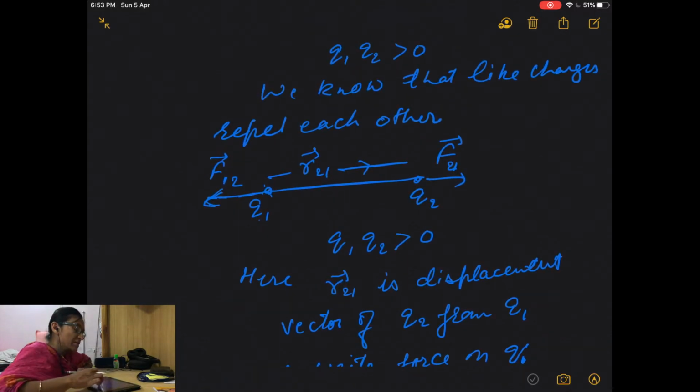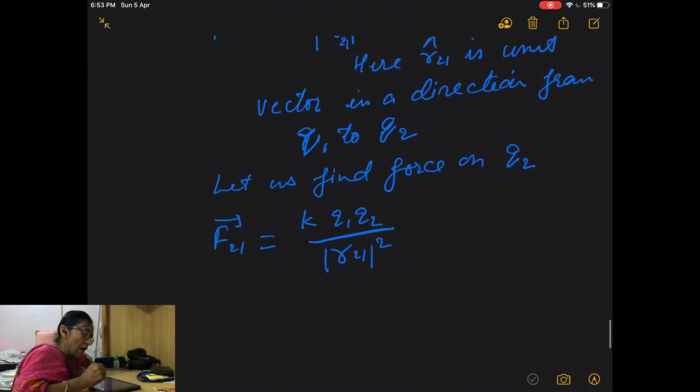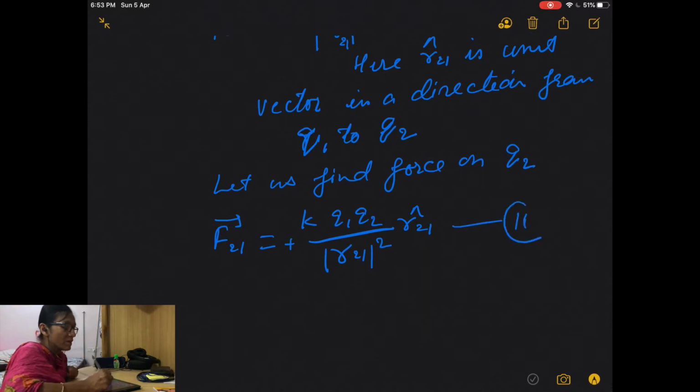Let us find in which direction this force is acting: it is in the same direction as the displacement vector R21. So you can write plus R21 cap. Let this be equation 2.